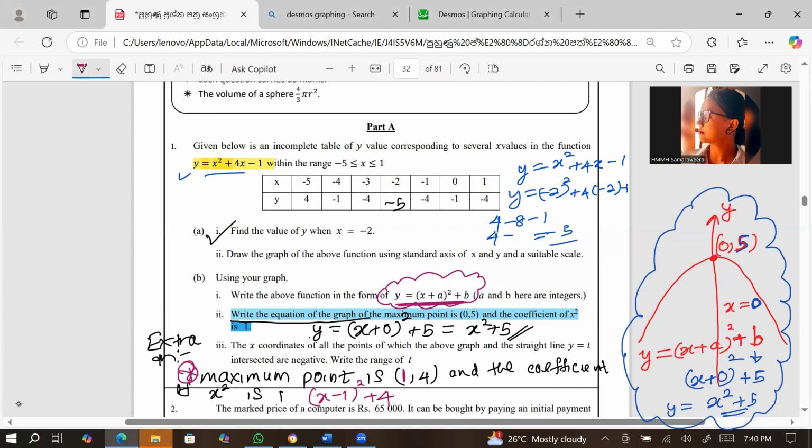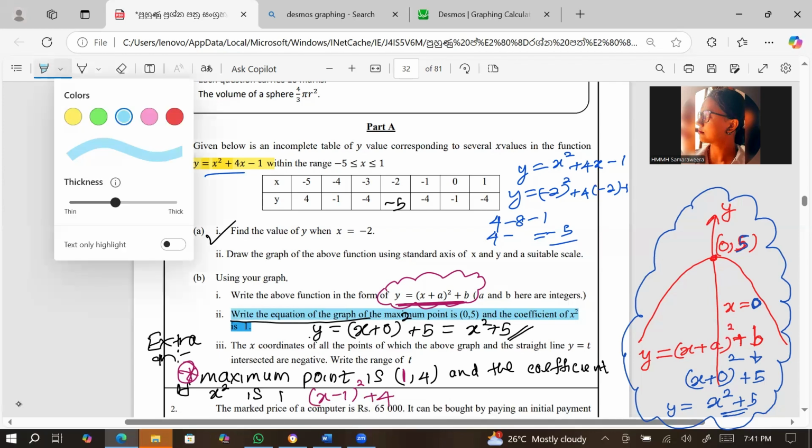Okay children, let's go to the third part. The x coordinates of all the points at which the above graph and the straight line y equals t intersect are negative. Write the range of t. What does that say?